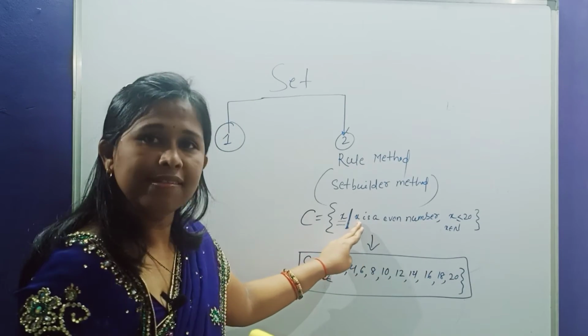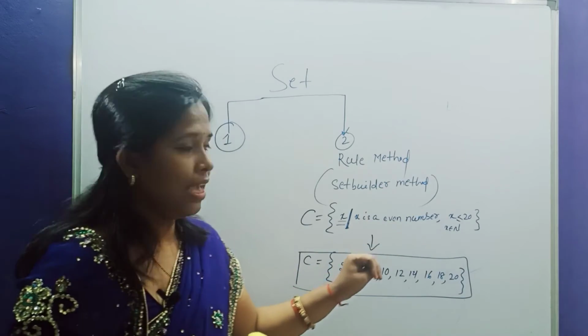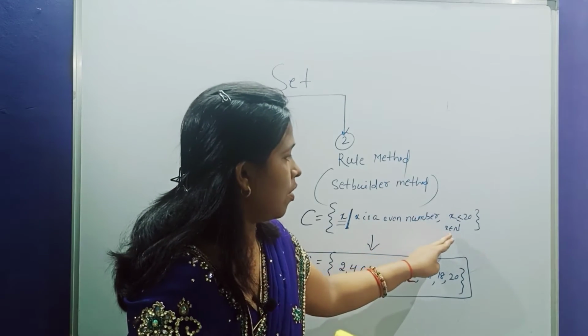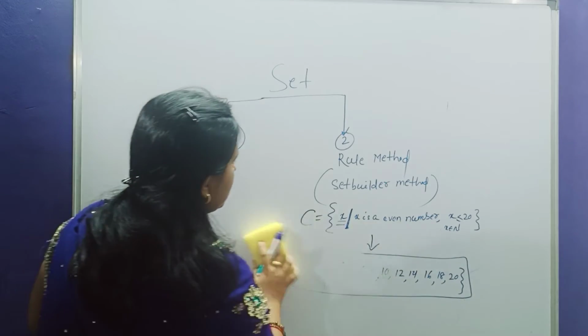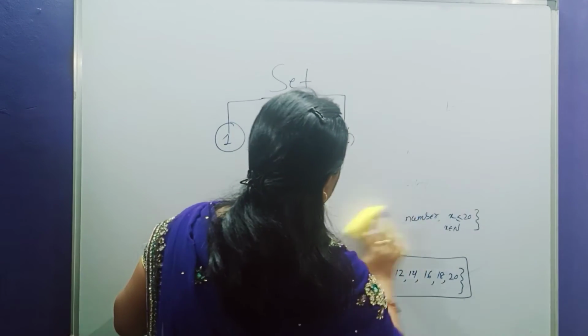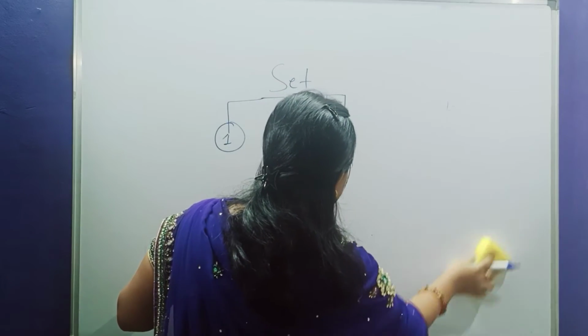So I am writing x is an even number and x less than equal to 20, x belongs to set N. Okay. So you can understand this set builder method, roster method. Both the methods you can understand.